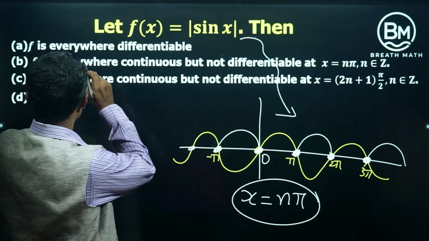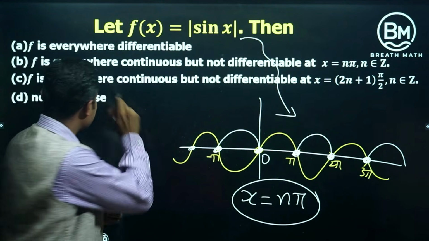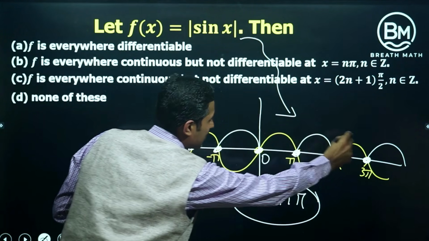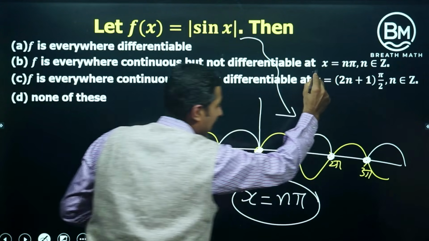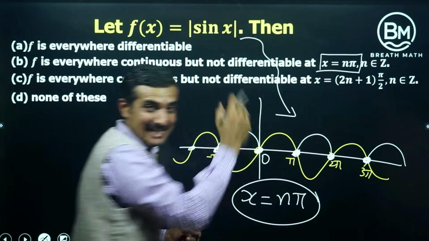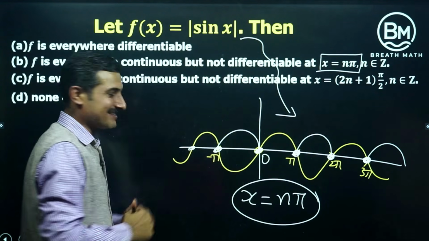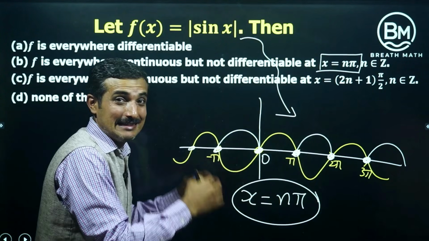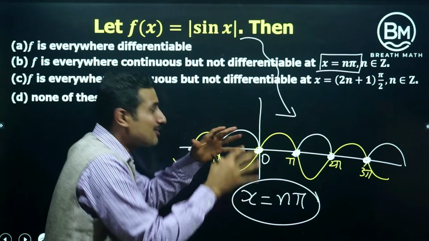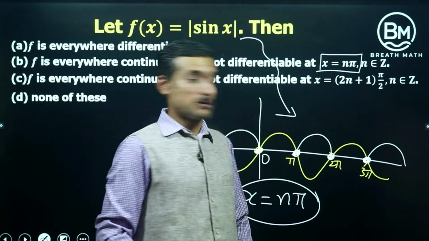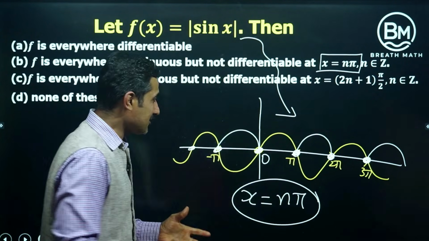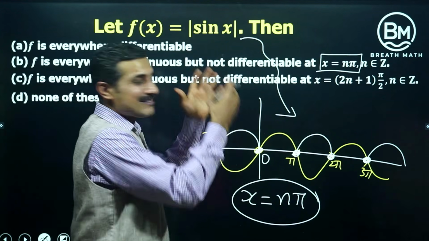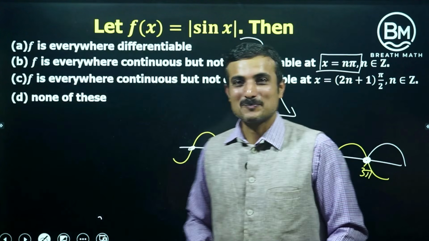So, option B says f is everywhere continuous but not differentiable at x is equal to n pi. Correct answer. Did you enjoy? So all that you need to do is learn some graphical shortcuts. That's it. Which will save your time, and within 10 to 15 seconds you can answer such questions, isn't it?